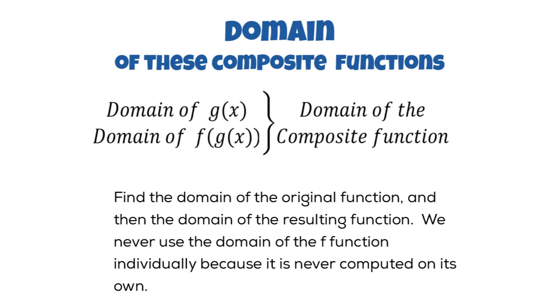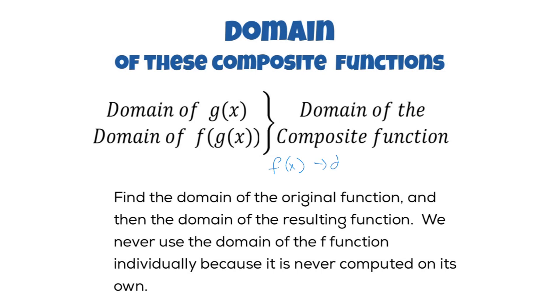I really don't care about each individual function, because you have to think of the order of how you do this. You take the g function. You're going to immediately plug it into the f function, so you never really see the f function by itself. But you do see the g function by itself. So I only have to look at the g function, and I have to look at the f of g function. I don't really care about the f function by itself.